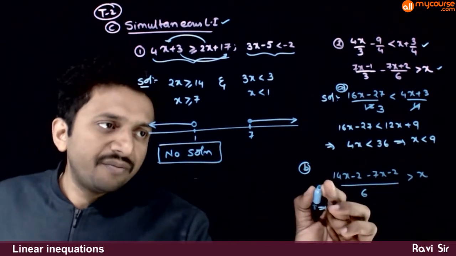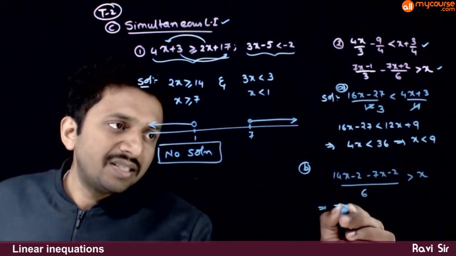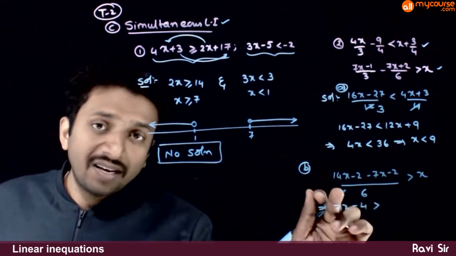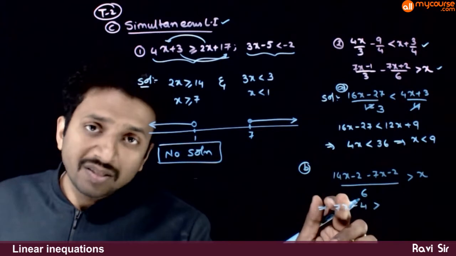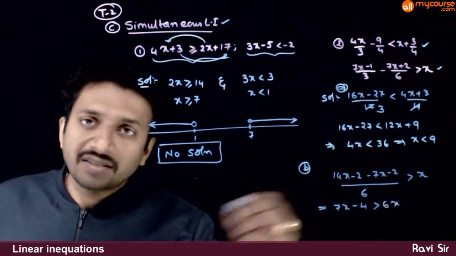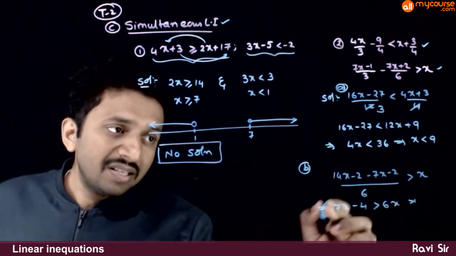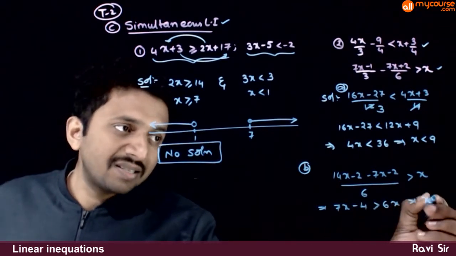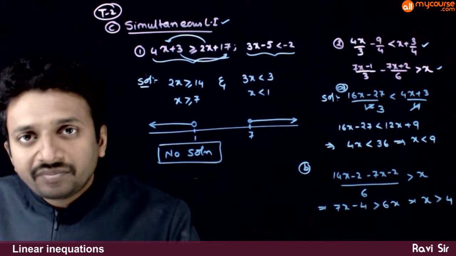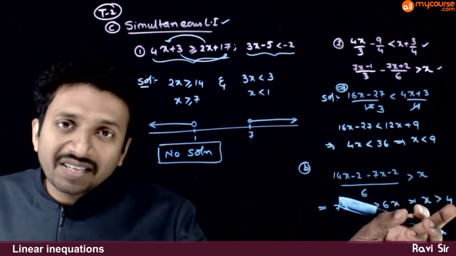So this implies 14x minus 7x is 7x minus 4 is greater than 6x, which can be cross multiplied because 6 is a positive number. If I bring 6x onto this side, 7x minus 6x is x, which is greater than 4. So the solution for this is x is greater than 4.